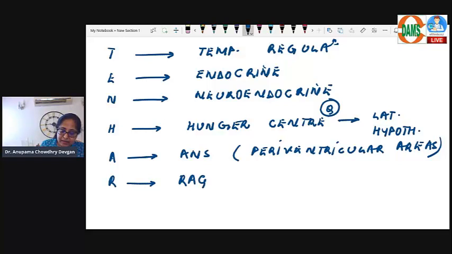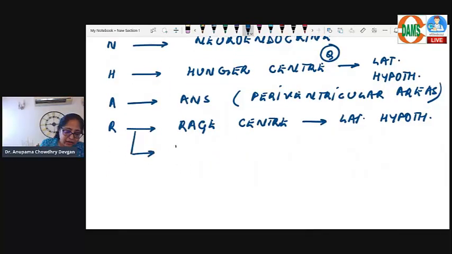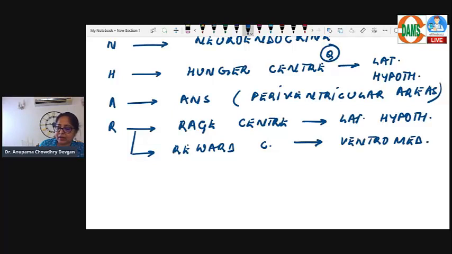Hypothalamus has got the rage center. Which is the rage center? The lateral hypothalamus is the rage center. Rage and reward. The reward center is also in the hypothalamus. The reward center is the ventromedial hypothalamus.